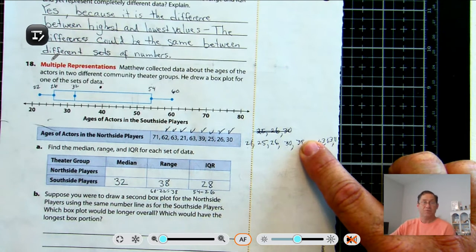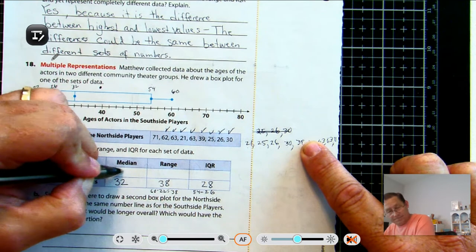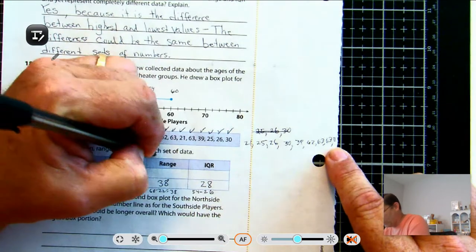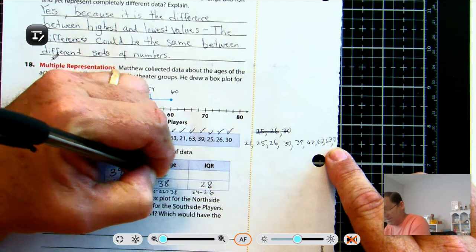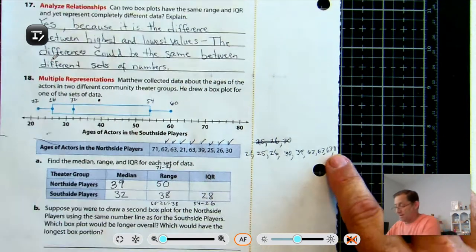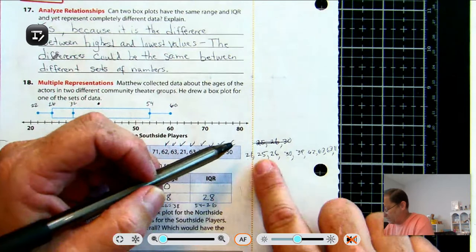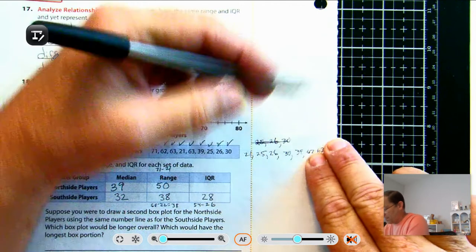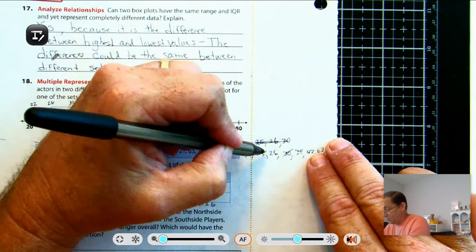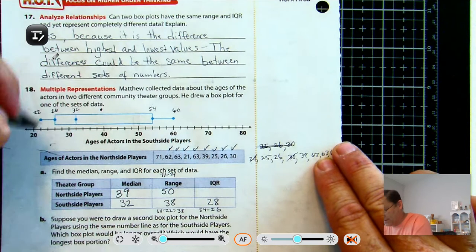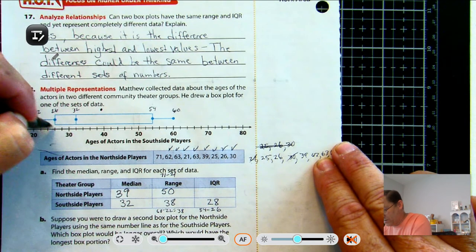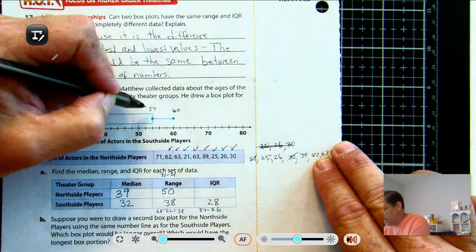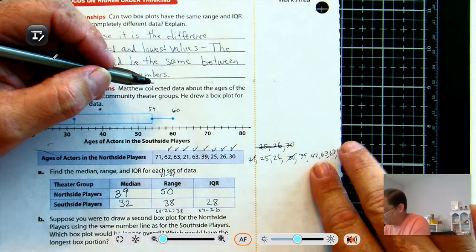Okay, so the median of the north side players is 39. The range, the age range is 71 minus 21. So they have an age range of 50. And the lower quartile would be 25 and a half. And the upper would be 63.